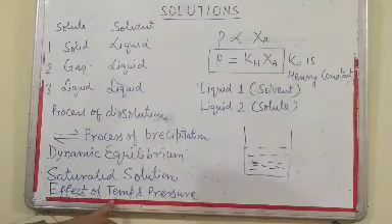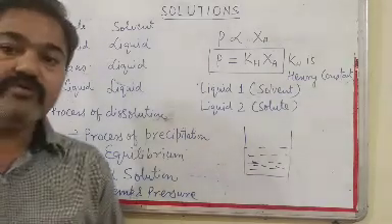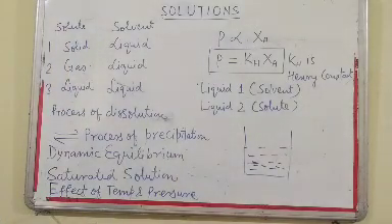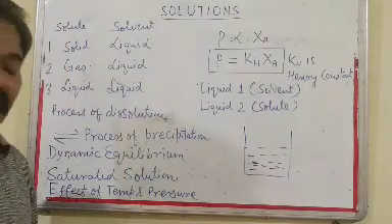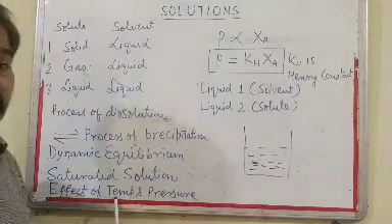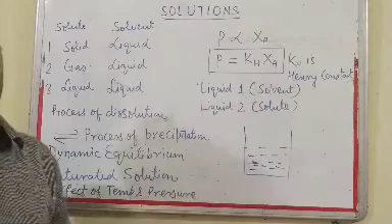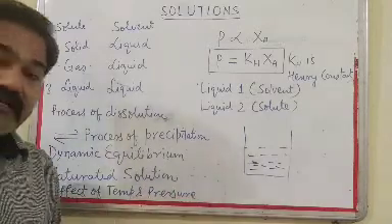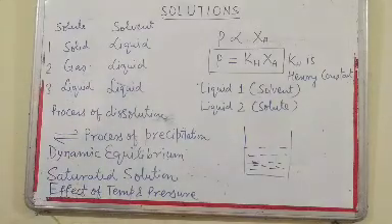Regarding the temperature, we should know whether the reaction is endothermic or exothermic. If the reaction is endothermic, then on increasing the temperature, the solubility of the solute will increase. And if the reaction is exothermic, on increasing the temperature, the solubility of the solute will decrease.